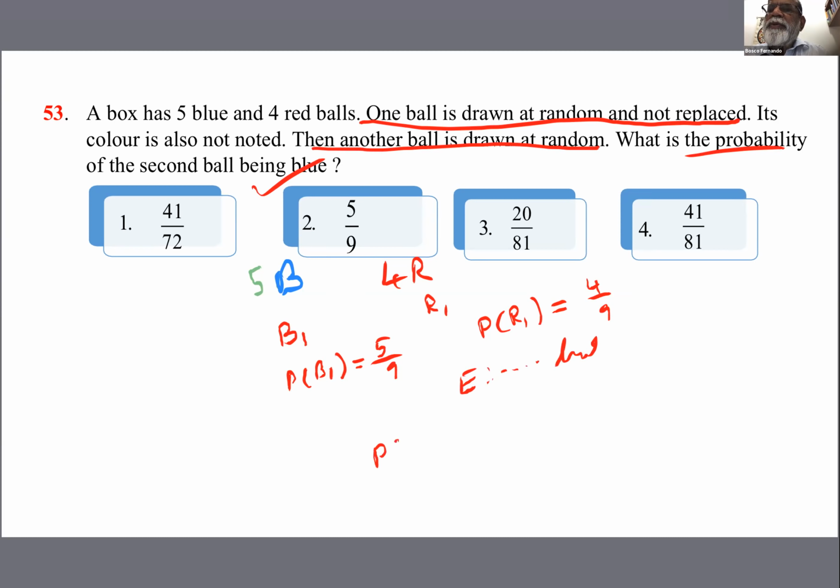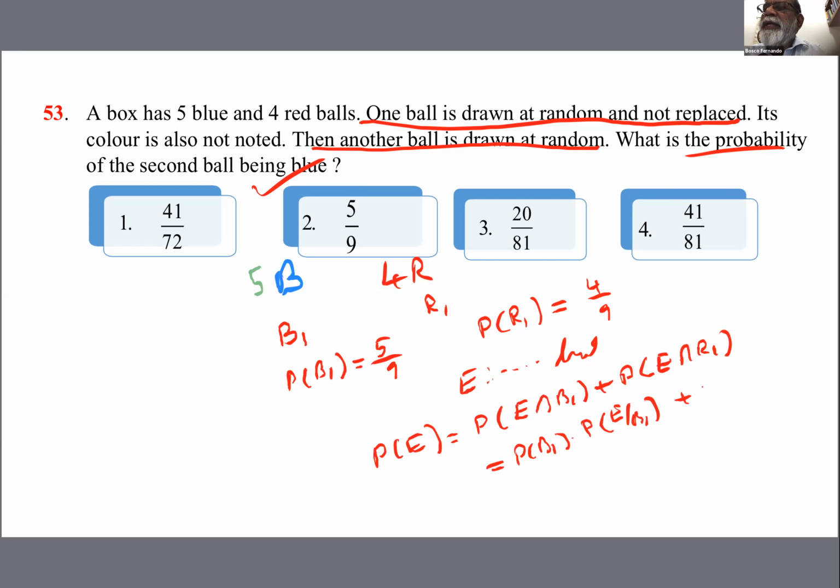What is required is probability of E. It can happen along with B1 or with R1. So it is probability of B1 into probability of E given B1, plus probability of R1 into probability of E given R1.